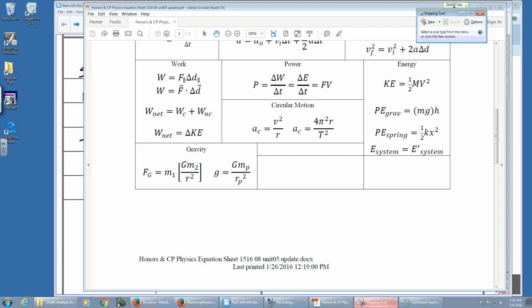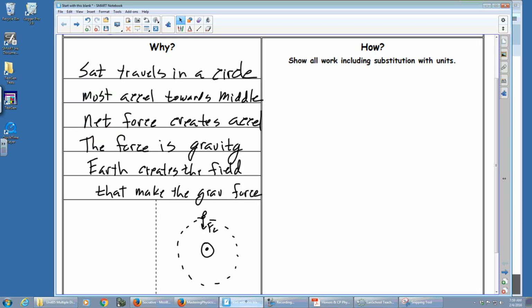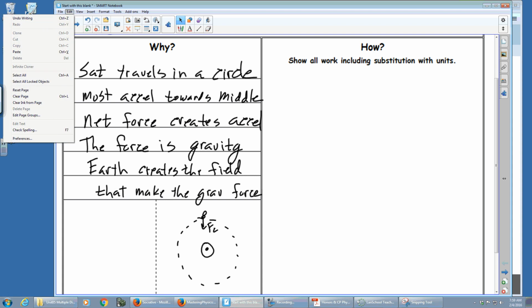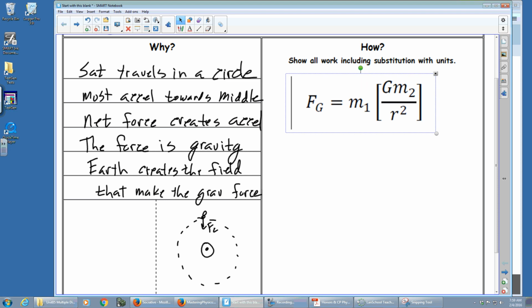Let's see. Grab that and paste it in. So in this case, Earth is creating the gravitational field. The satellite is in that field, and we have the radius.